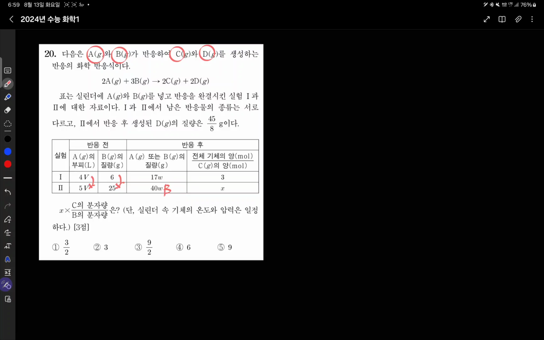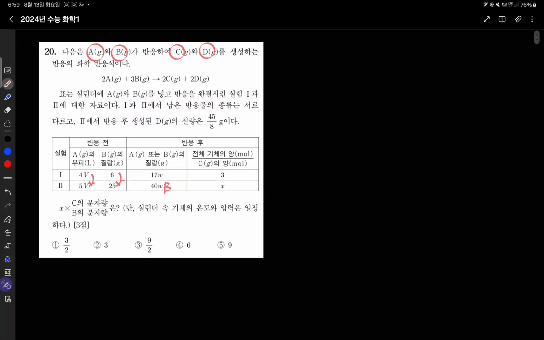That means A will be left over in the first experiment.